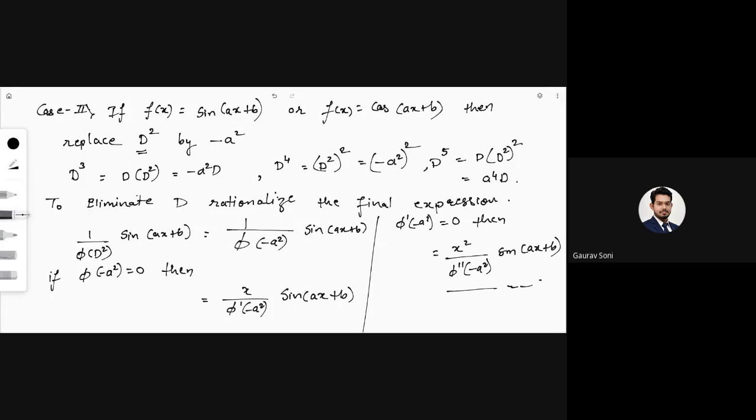Example. Solve d square plus 2d plus 1, y is equal to 4 sine 2x.